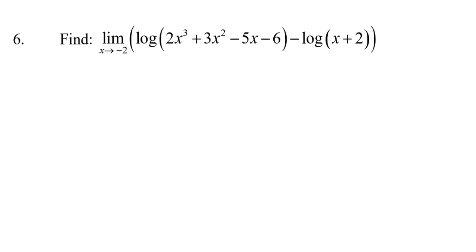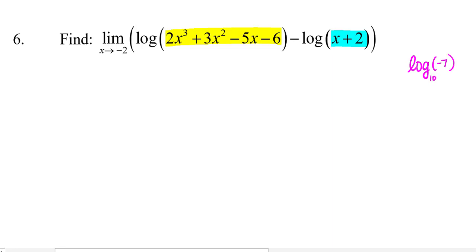Okay, in this problem we are asked to find the limit as x approaches -2, the log of this first argument right here, which is a cubic function, minus the log of the second argument. I'm sure you are familiar with logarithms from your pre-calculus course, but I hope that you will remember we cannot evaluate things like log of -7, right?